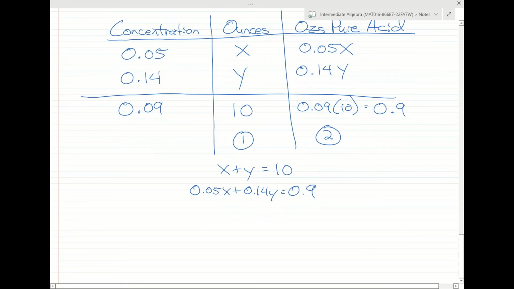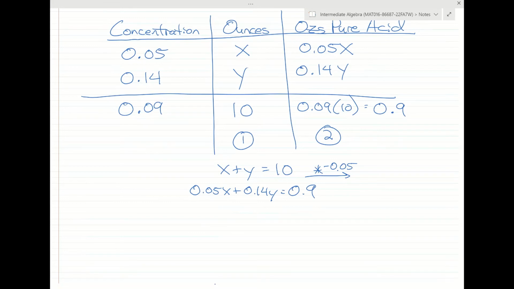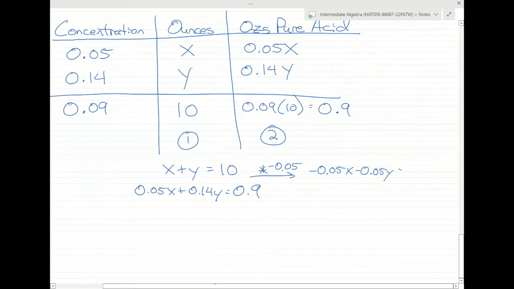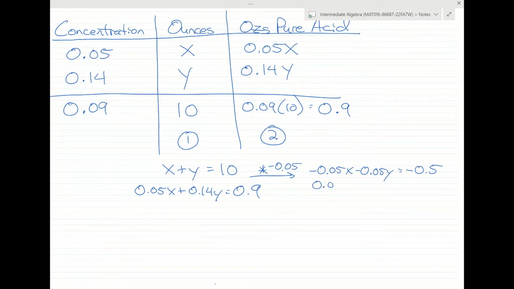If we're going to solve this using elimination, we can multiply this top one by negative 0.05. And we get negative 0.05x minus 0.05y is equal to 10 times negative 0.05, which is negative 0.5. We're going to add that with this equation.